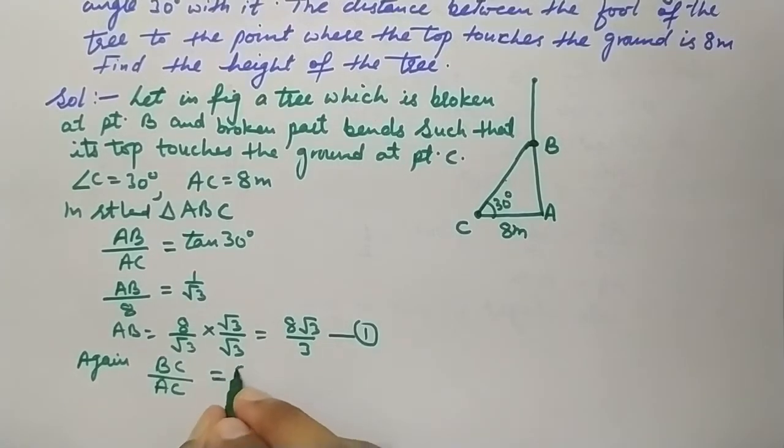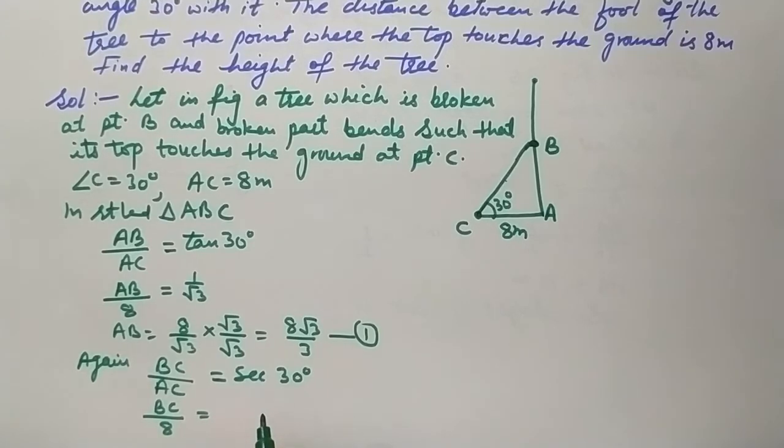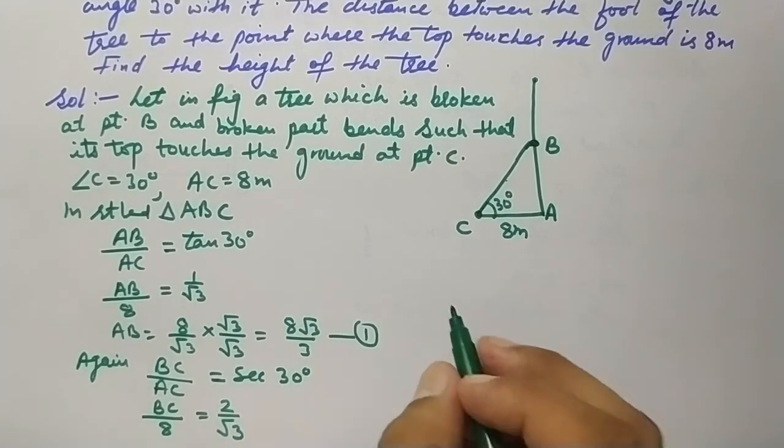Theta is here 30 degrees, so secant 30 degrees. So BC over AC, AC is 8. Now how to find secant 30? You know cos 30 is root 3 by 2, so secant 30 will be its reciprocal, 2 by root 3. This way you can find these values.